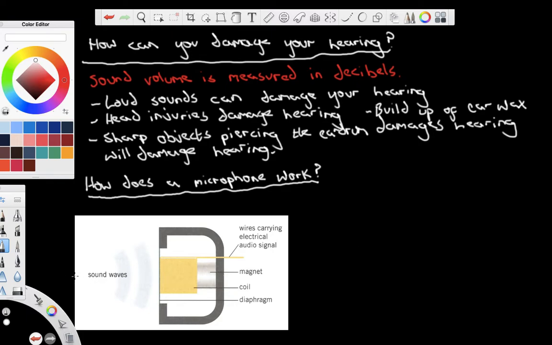When sound waves are detected, it causes what's known as a diaphragm to vibrate. So we can say that, first things first, sound waves cause a diaphragm to vibrate.